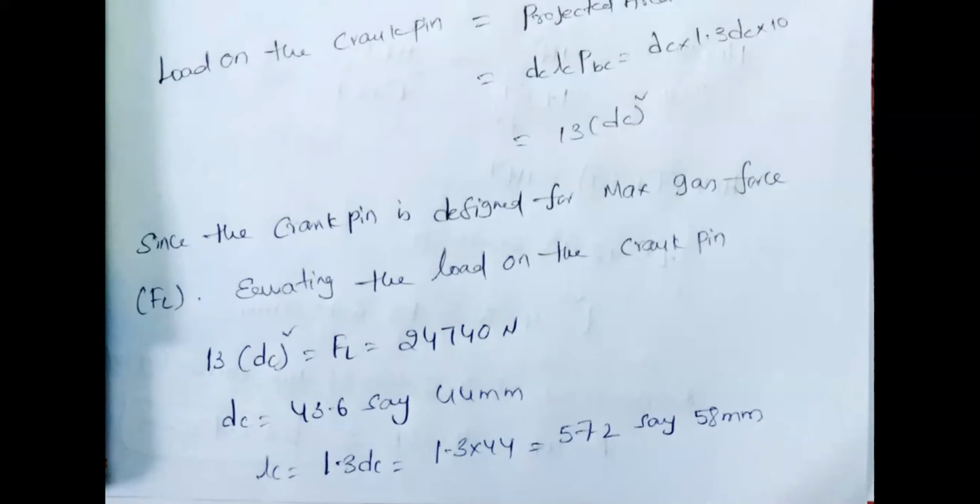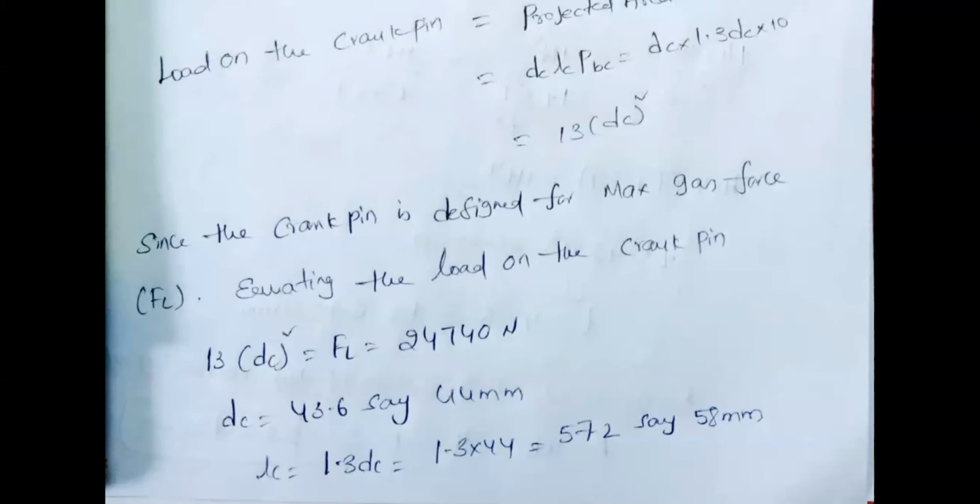We calculated the maximum gas force at the beginning: pi by 4 D square into P, and you get the value of 24740 newtons. The same gas pressure force equals the load acting on the crank pin. Then you get DC as 43.6 mm. As per your convenience you can consider 44.